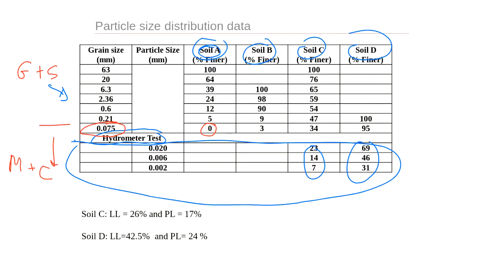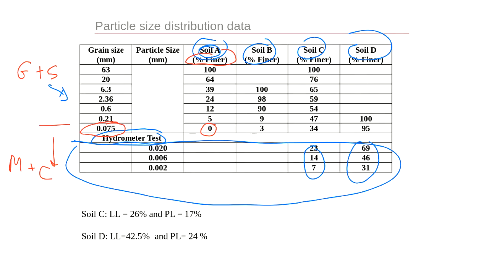So you see it says percent finer, which means all the data here is the amount of soil whose size is smaller than 0.075. For soil A, we have no fines at all.